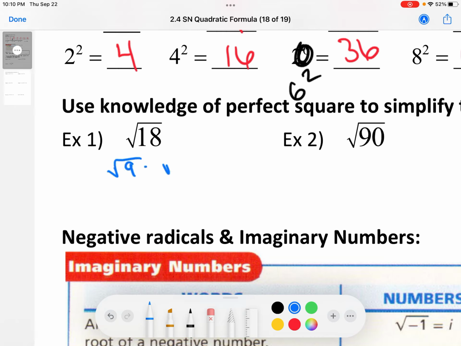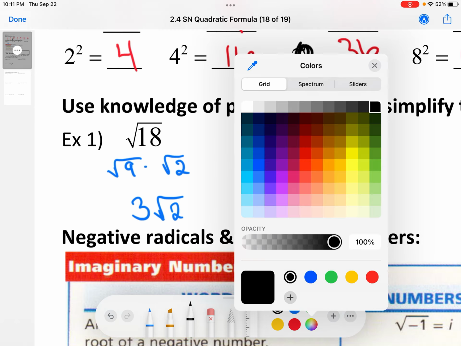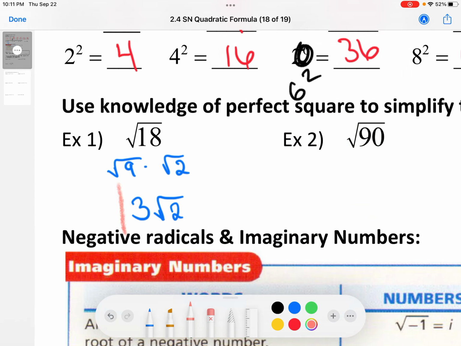So we rewrite this as the square root of 9 times the square root of 2, 9 times 2 being 18, 9 being a perfect square. The square root of 9 is 3. Notice the square root sign goes away. Square root 2 stays as square root 2, and this is your simplified answer. The number under the radical does not have any perfect square factors.